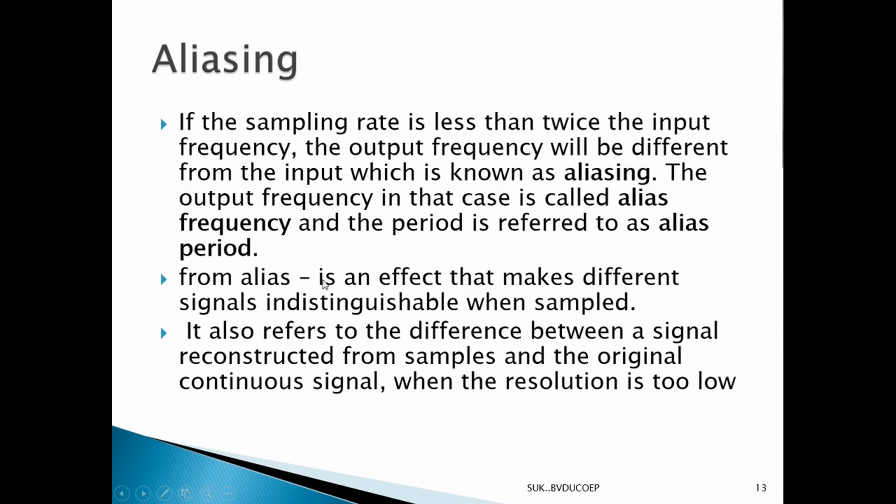What is the meaning of alias? Alias is a false name. It is an effect that makes different signals indistinguishable when sampled. It also refers to the difference between a signal reconstructed from samples and the original continuous signal when the resolution is too low.